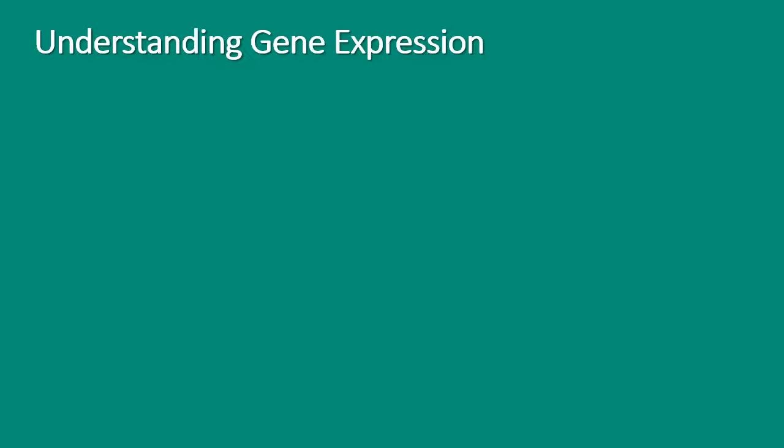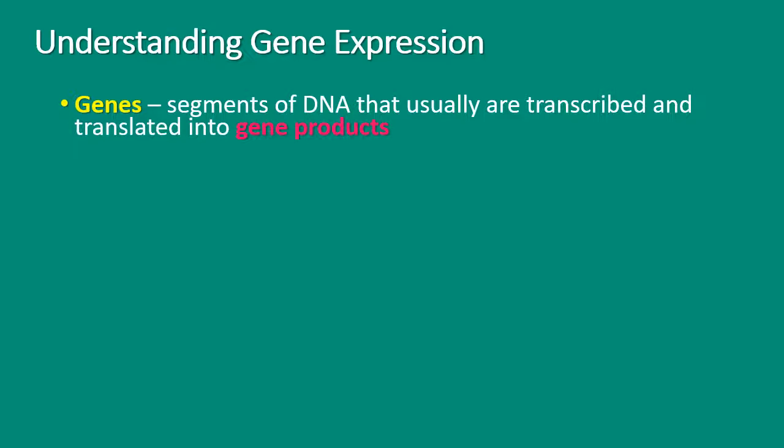Before we start talking about that, I want to talk a little bit about what it means to express a gene. We know a gene is a segment of DNA that codes for the production of a particular gene product, and that gene product is usually a protein, or is always a protein. The gene gets transcribed into RNA, and then that RNA gets translated into a protein product.